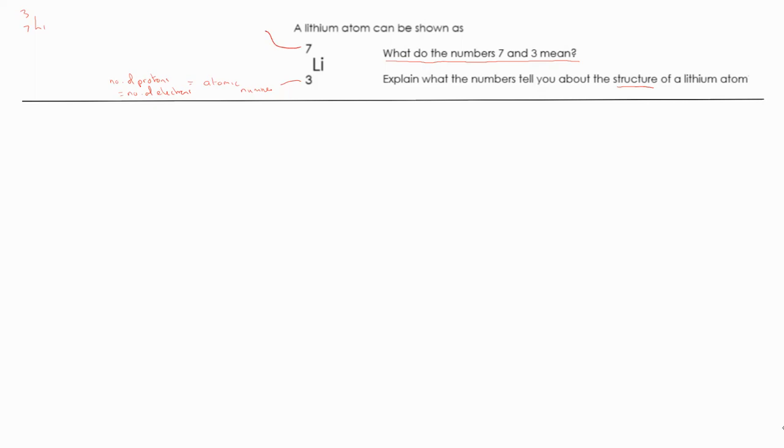And then this number here is the mass number, and that is the number of protons and neutrons added together. More particularly, it's better to write it as the sum of the protons and neutrons added together.